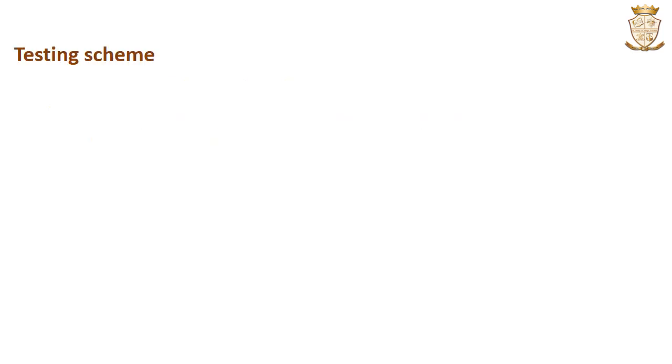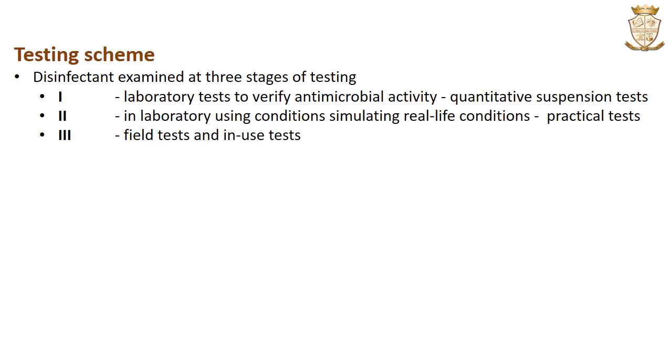So, we will discuss the testing scheme for disinfectants. The antimicrobial efficiency of a disinfectant should be examined at least at 3 stages of testing. The first phase involves laboratory tests, during which it is determined whether the chemical agent has any antimicrobial activity. This is generally done by performing a quantitative suspension test.